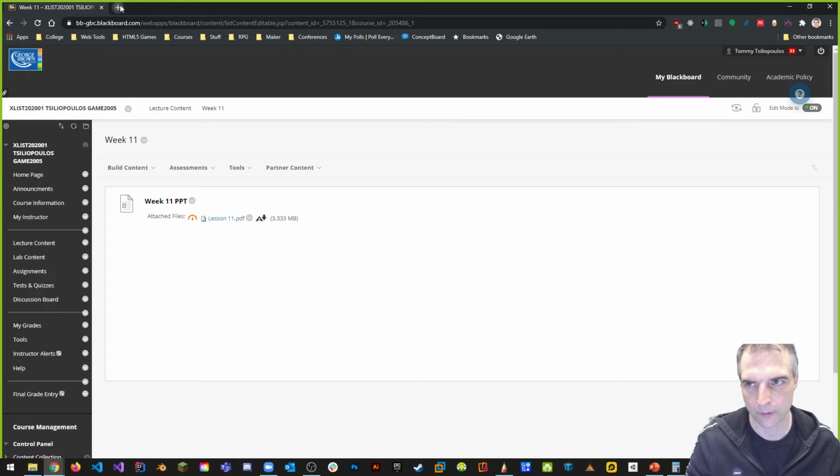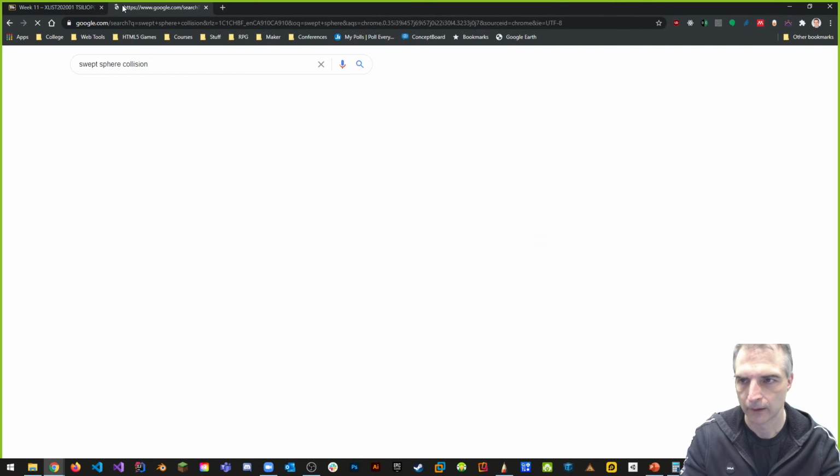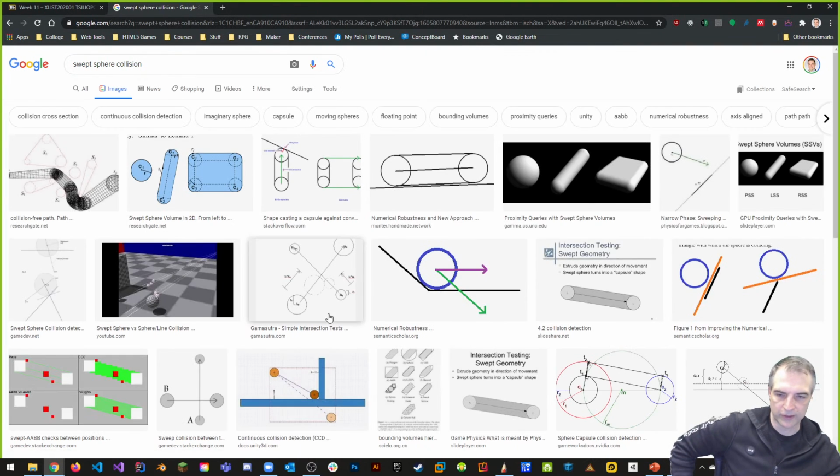If I was to look that up for you. If we look at swept sphere collision, and if we look at some images, imagine if instead of an object moving along, or think about marching spheres that are marching across, as opposed to the bounding box always being this.